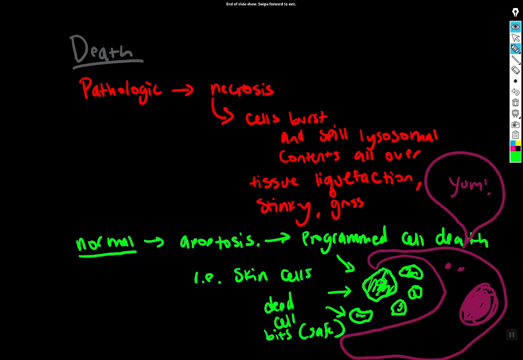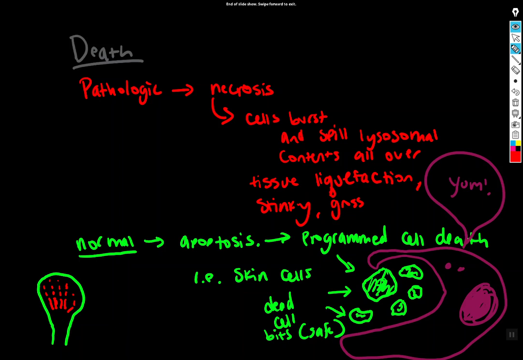So an example of apoptosis that does something really cool is during your fetal development, you started out with a hand that looked kind of like this, a nub or a paddle. And inside of that nub or paddle, you had the precursors of your hand bones, but you didn't have fingers yet.